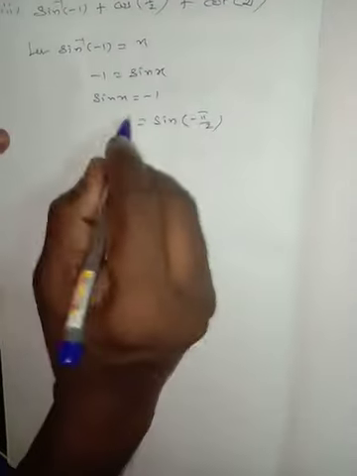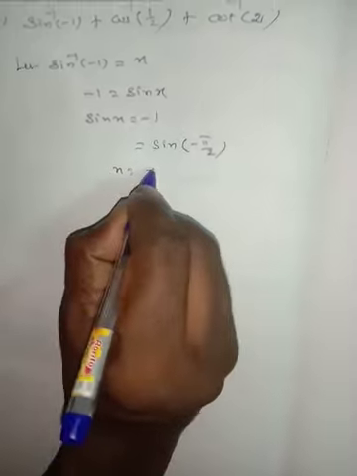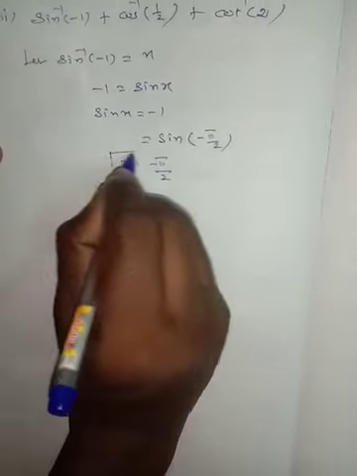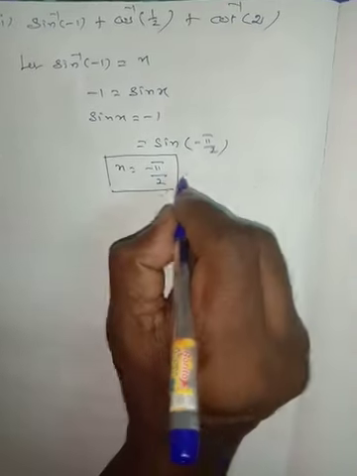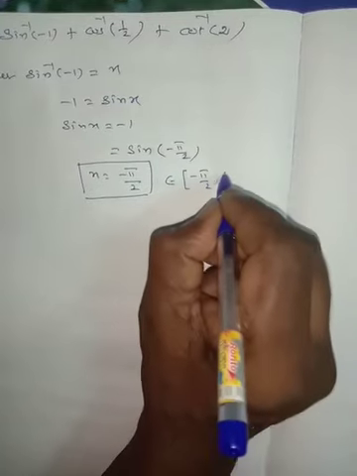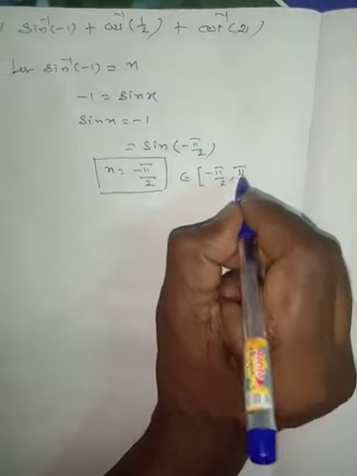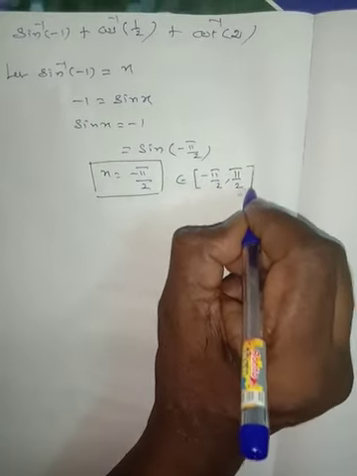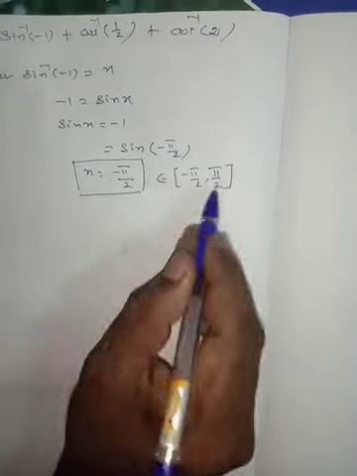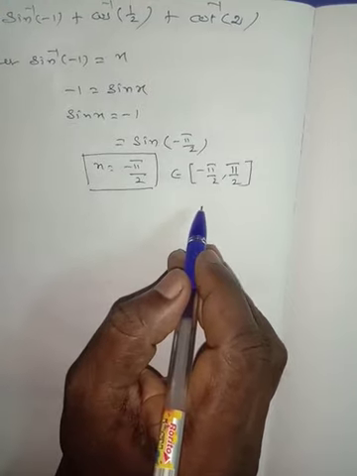Taking sin inverse on both sides, we get x is equal to minus pi divided by 2. This minus pi divided by 2 belongs to the closed interval minus pi by 2 and closed interval plus pi by 2. The edge is included, therefore this belongs to minus pi by 2 and plus pi by 2.